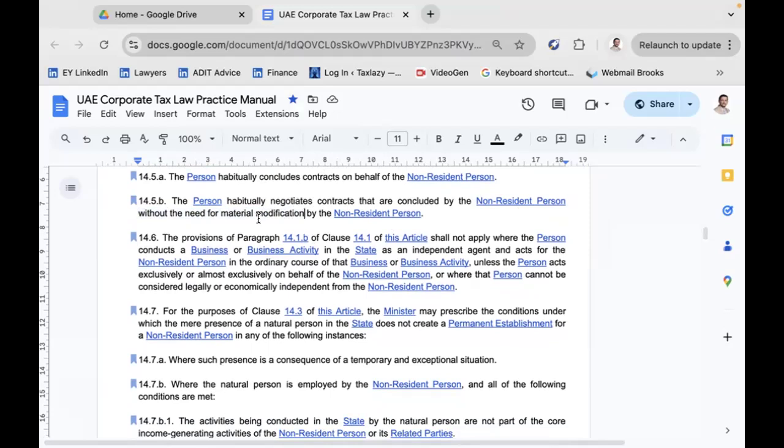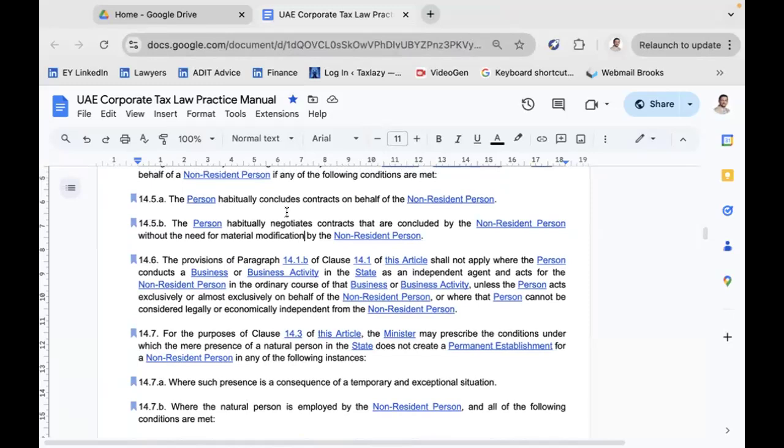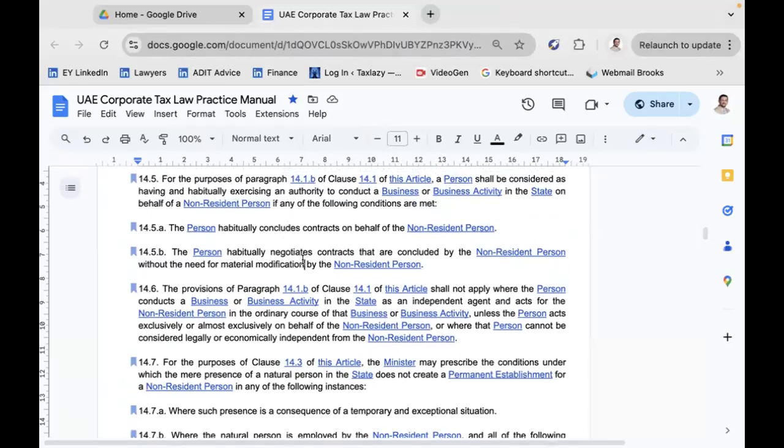If you have any feedback, and 99% of the cases, 99.9% of the cases, it would not be changed. So without any material modification, the deals would be accepted. That again is an example of habitually concluding contracts.